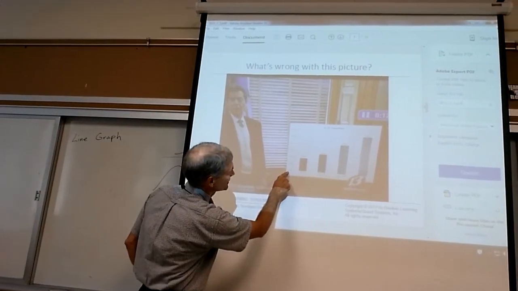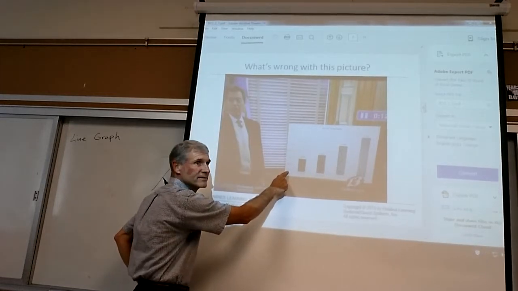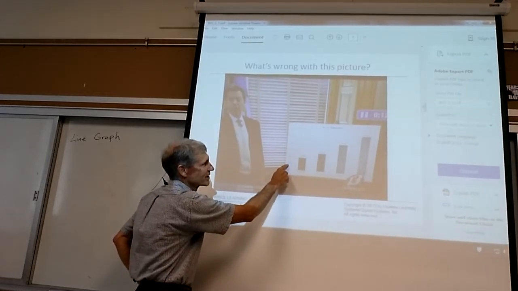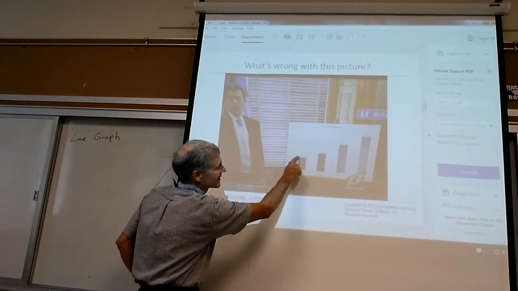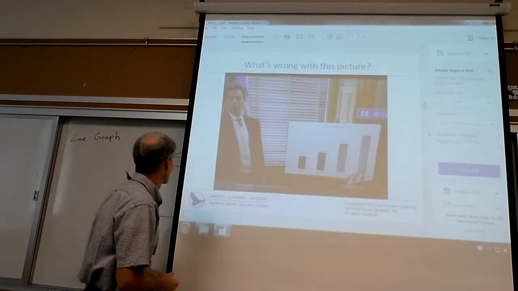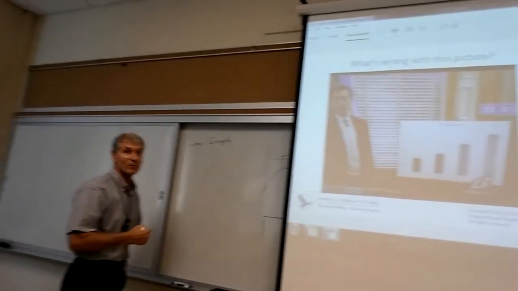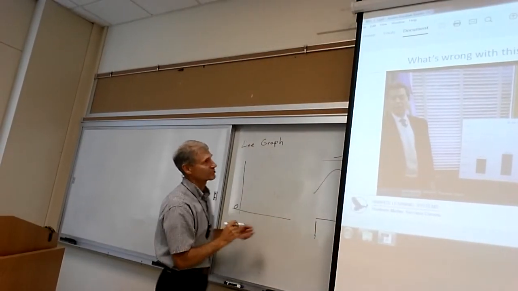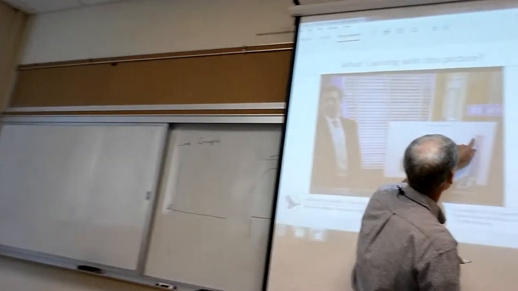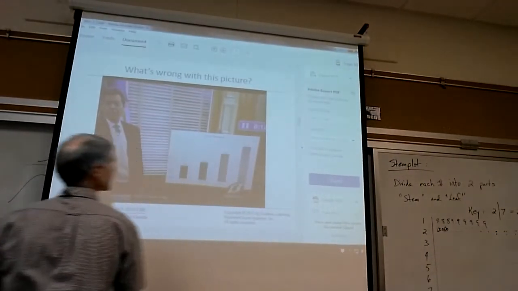No, that's 28,000. This is 28,500, right? Actually, this one's 29,000. So if they had drawn this to the right scale, it should start at 0 and go up to the tallest one here. Looks like 30,000, about 400.